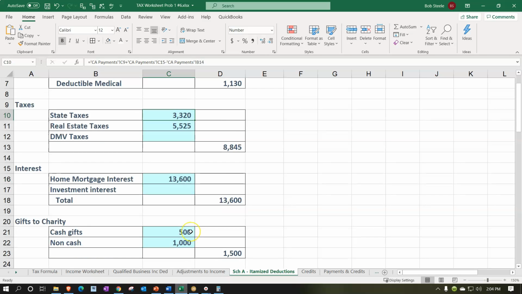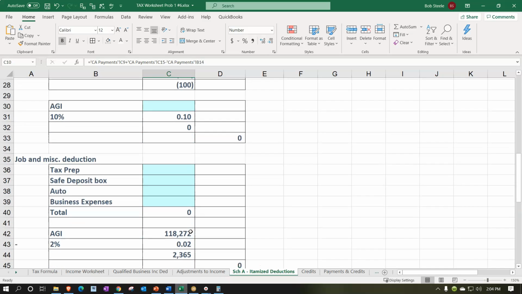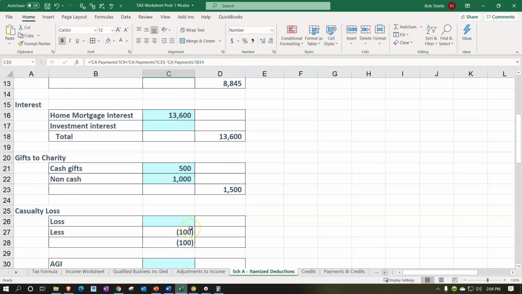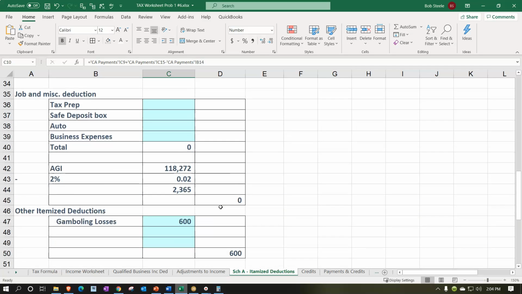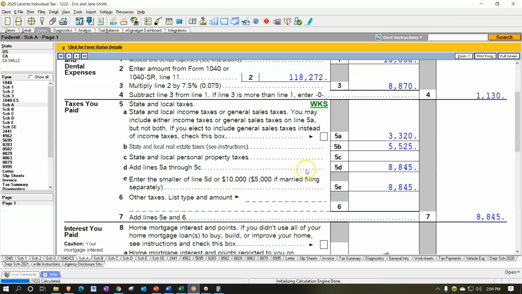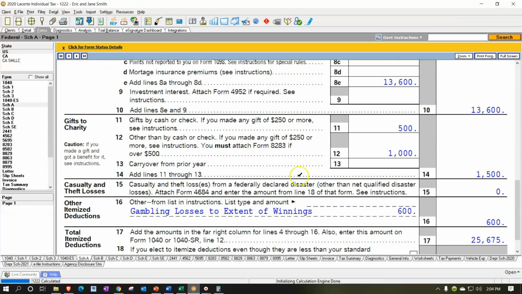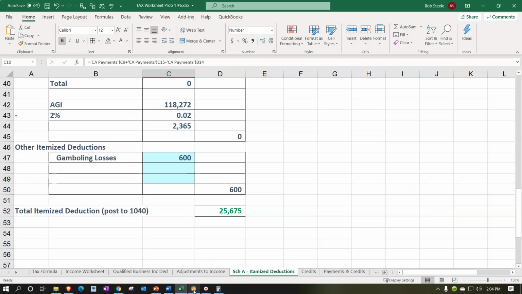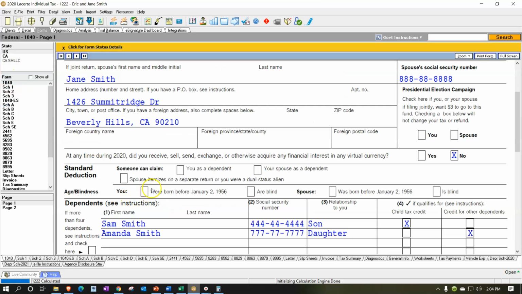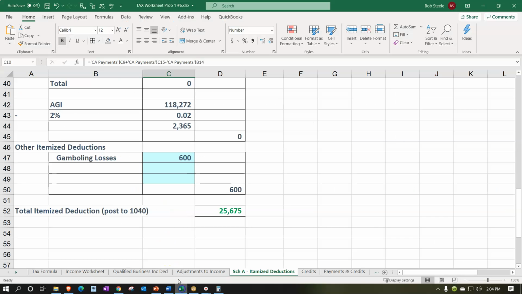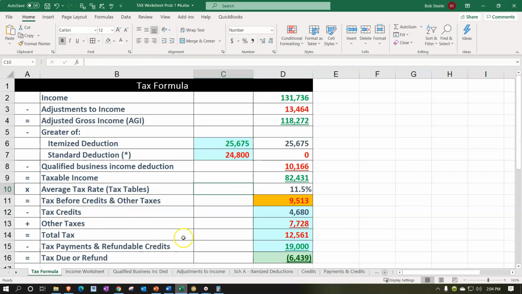So we're now at the total taxes of the 8845, and then we have the total itemized deductions bottom line of the 25,675. So 25,675. Okay, now let's just review and see if anything else changed with that change. So we're going to go back up and see if anything else was tied in that's going to cause us a problem.